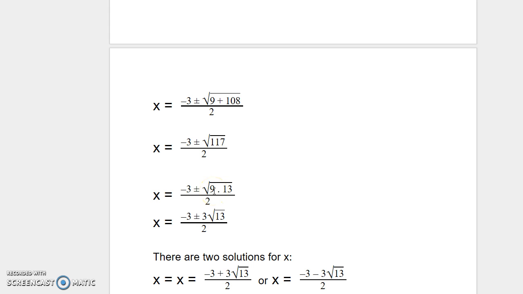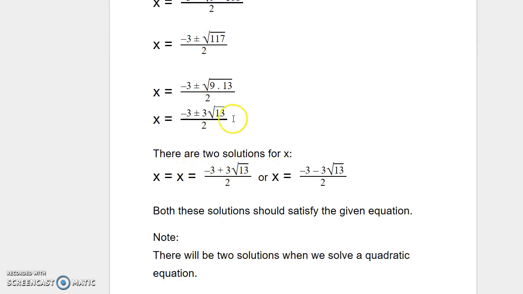Therefore, whenever we have a perfect square under a radical term, it comes out as its base number, as we have written it down here. x equals minus 3 plus or minus square root of 9 is 3, square root of 13. 13 is not a perfect square, therefore we're going to leave it as is under the radical term, the whole thing divided by 2. So therefore we have two solutions.